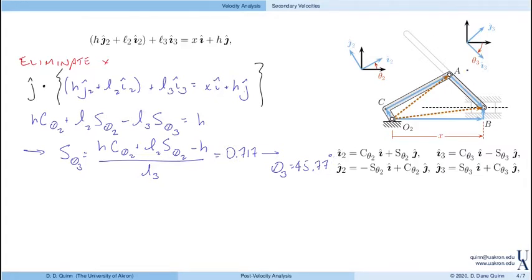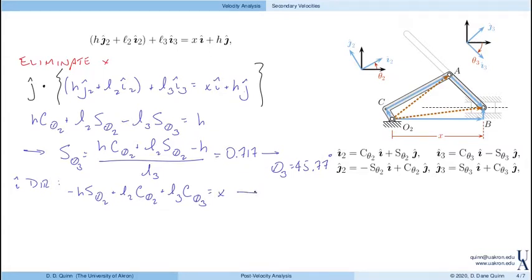Now, if I want to use the loop closure equation to solve for x, I can do that. Going back and looking at the I direction, which is the easiest way of doing this, we have minus h sine of theta 2 plus L2 cosine of theta 2 plus L3 cosine of theta 3 equals x.